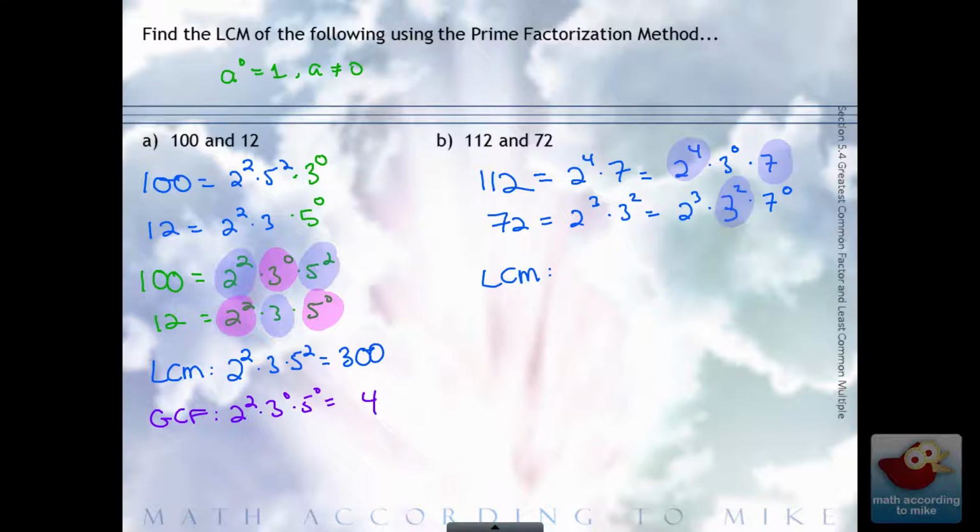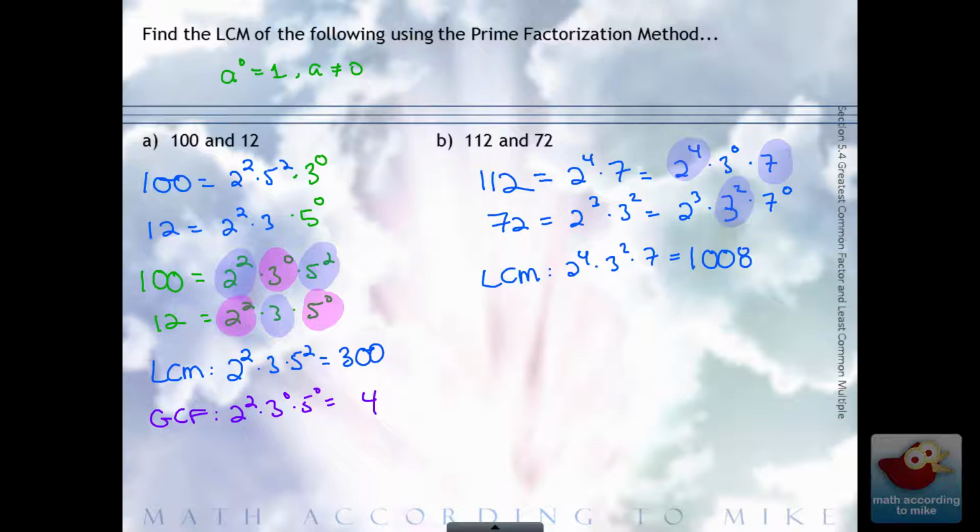By the way, they're not all going to be that pattern of top, bottom, top. That was just coincidence. So we get 2 to the 4th times 3 squared times 7, which is a number. I got 1008.